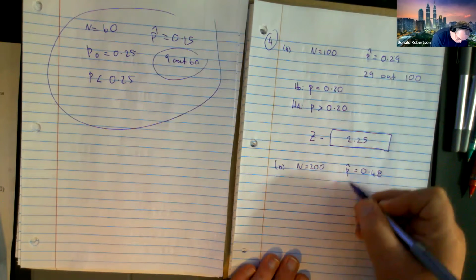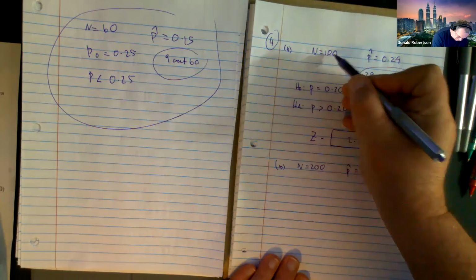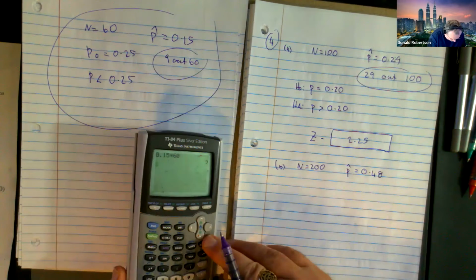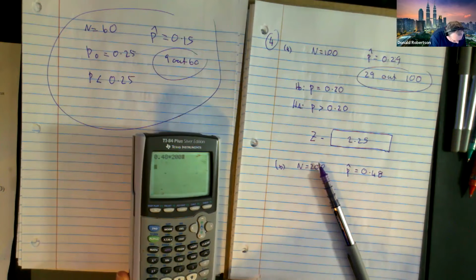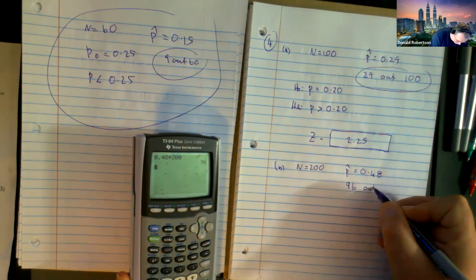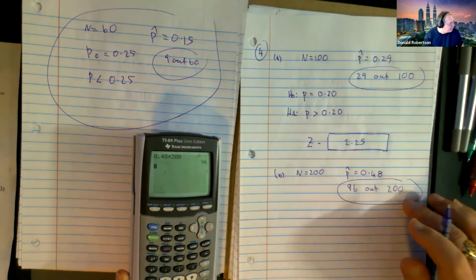And we need to know what that looks like in terms of the sample size in this number. So essentially what I'm going to do is find out what 0.48 times a sample of 200 would get me. And the answer is it would get me 96 out of 200 people. And those numbers I need.